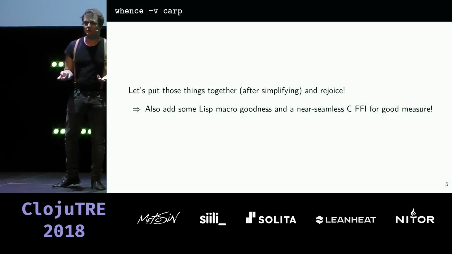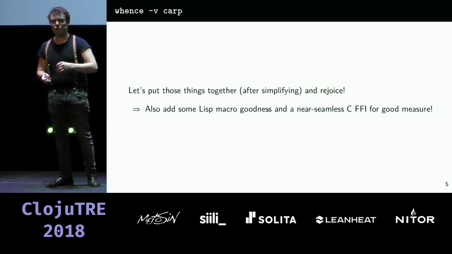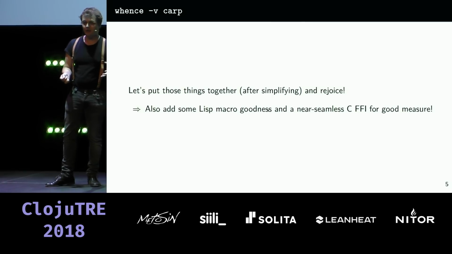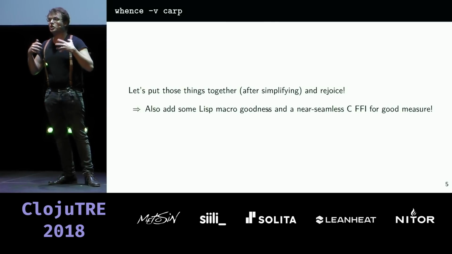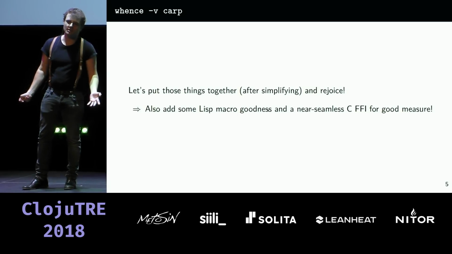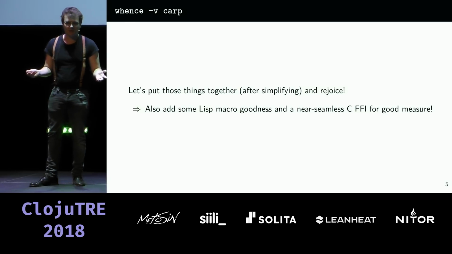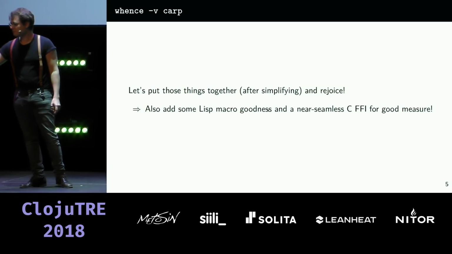But also, we try to make it as simple as possible first, try to figure out what we can leave out while still making it usable and a joy to use, and see whether we can get away with it. We probably won't. We probably have to add more stuff in the future, but for now, it's good enough.